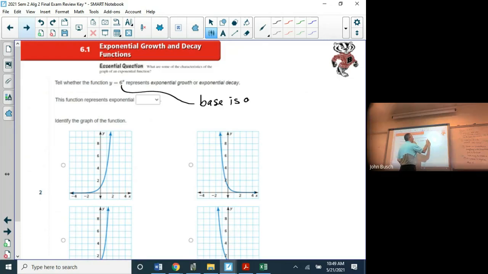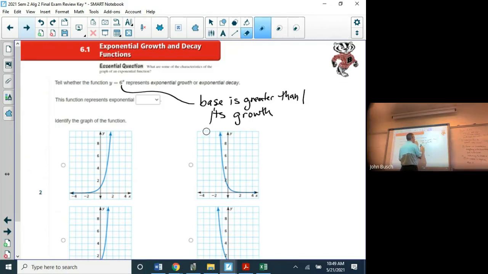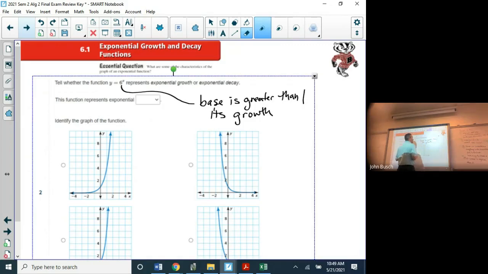Since it's greater than 1, it's growth. Greater and growth both start with G's. Maybe that's how you remember. So this is growth.